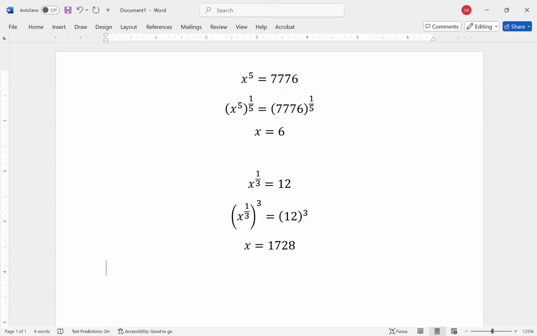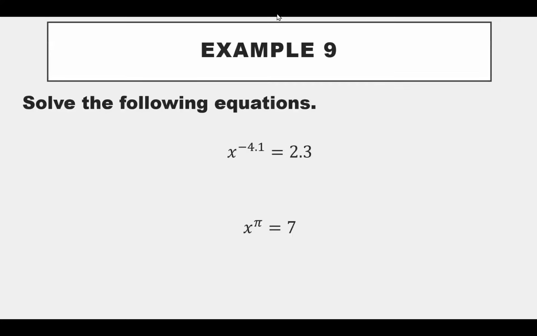So that's how you can use these exponent rules along with what we know about exponents to solve equations where a variable is in the base. And your exponents don't need to be positive. They don't need to be rational numbers. They can be any numbers that you want.